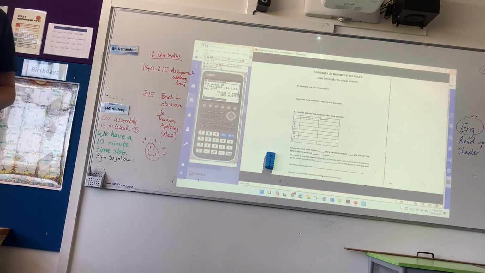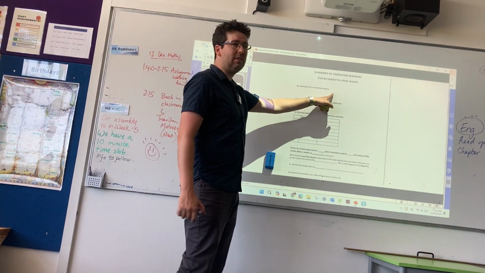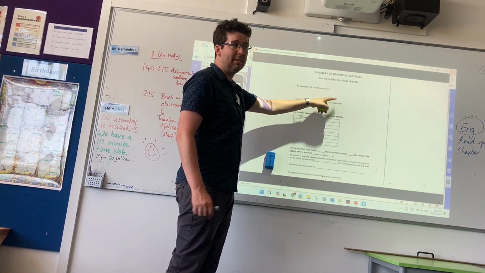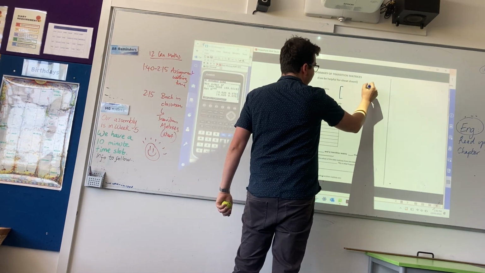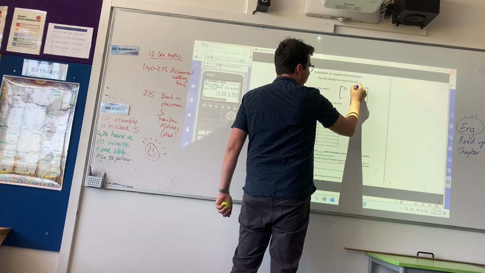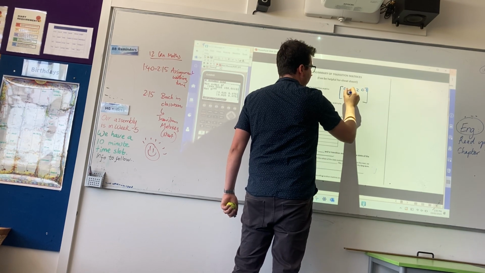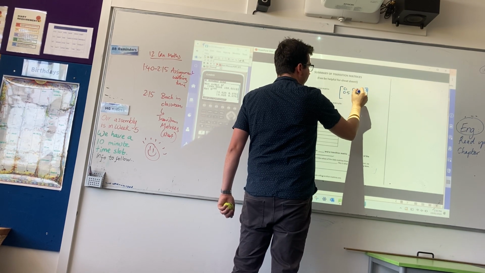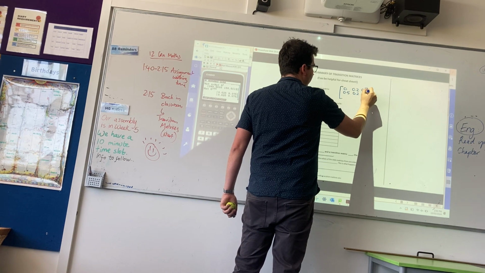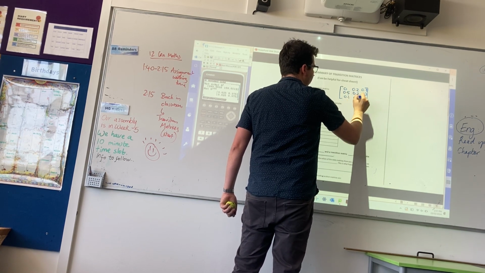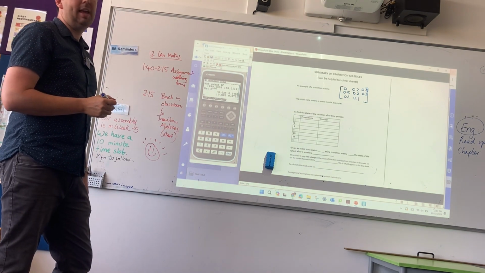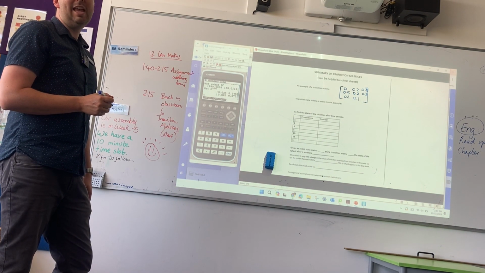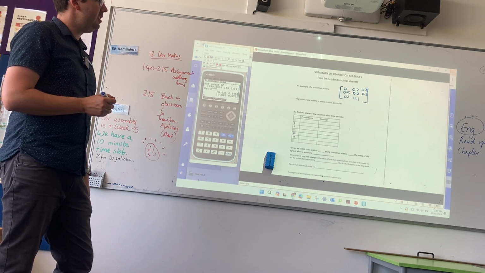So let's try and summarize this theory. An example of a transition matrix. What's an example of a transition matrix? We've made some up, haven't we? 0.2. Here's my transition matrix.